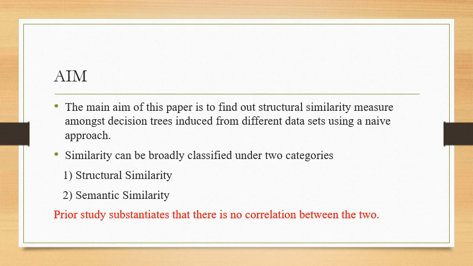If you have a look at different research papers on semantic similarity, you will be able to find a few papers on that. But if we talk about structural similarity, there has been research on this part, but we would like to improvise and have an optimal solution with respect to this.